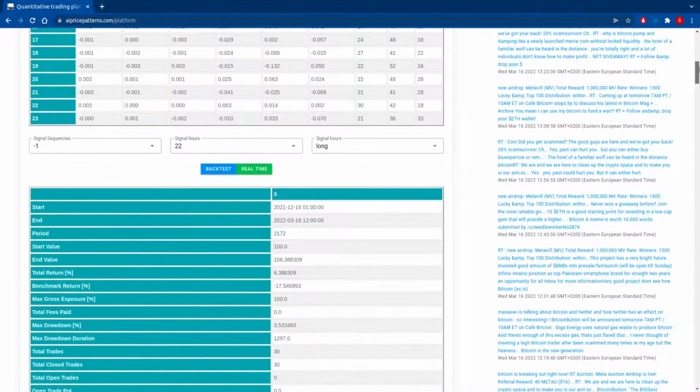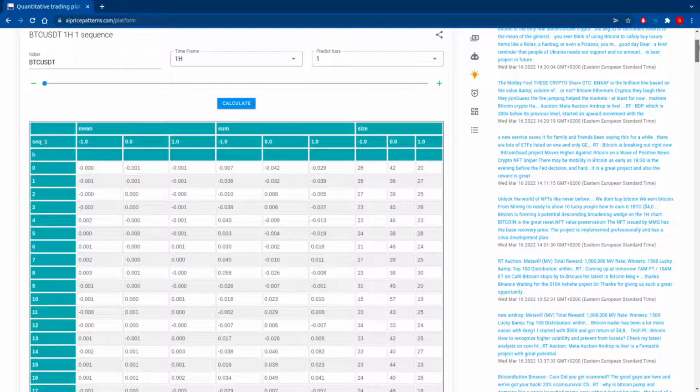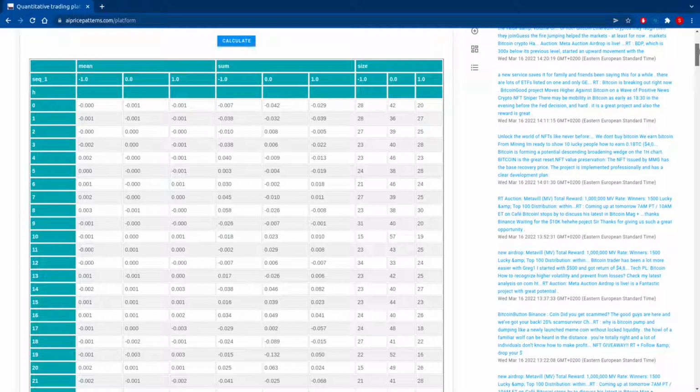But we could test all these situations to find the best approach to trade. Okay, for example, if you have -1, it means a red bar. 1 means the previous bar was green. 0 means you have some random bars, like the previous was green and the current red.